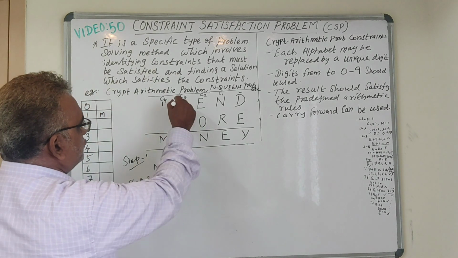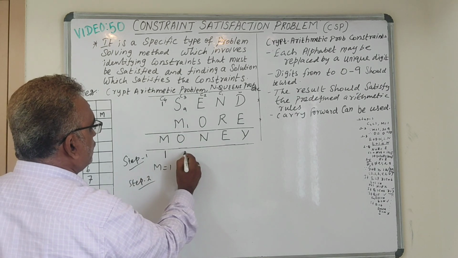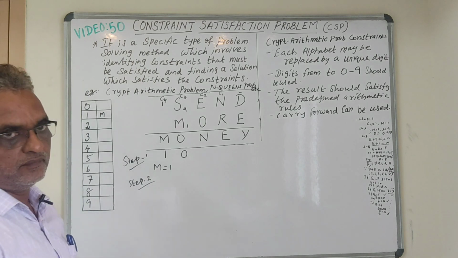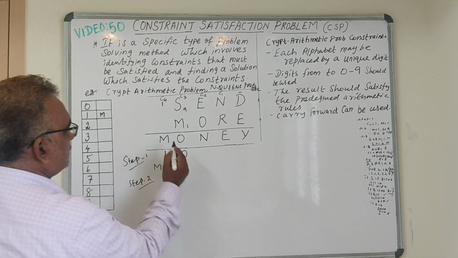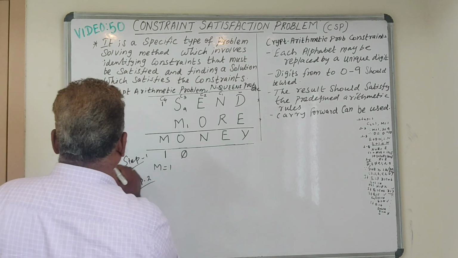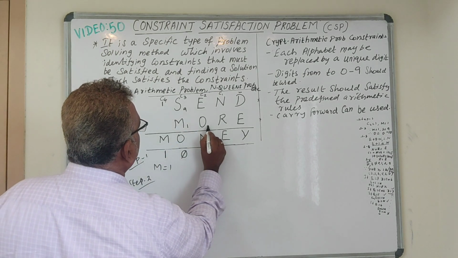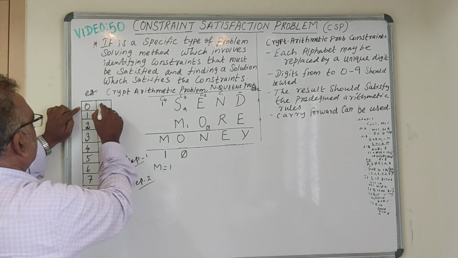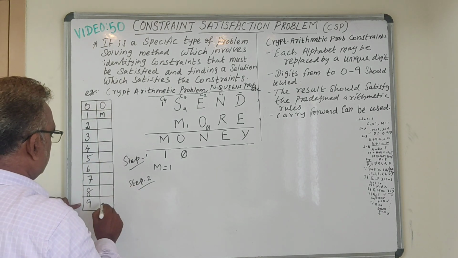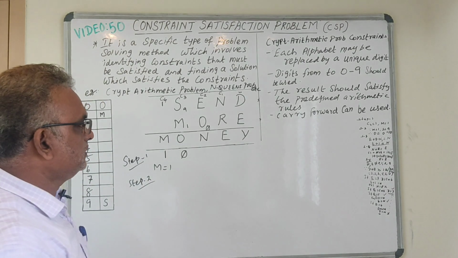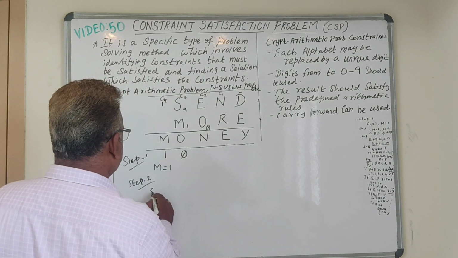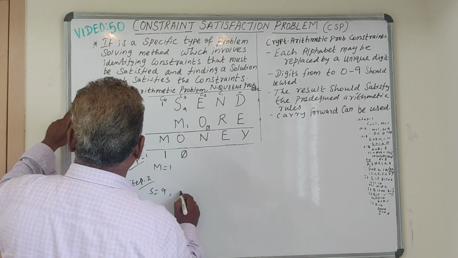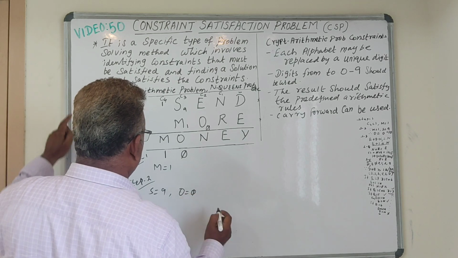If you add these two digits, 9 plus 1, you will get 0 as the sum and you will get the carry, that is 1. So now we can replace these values: O is 0 and S is 9. So S is equal to 9, and also we got the value O is equal to 0.